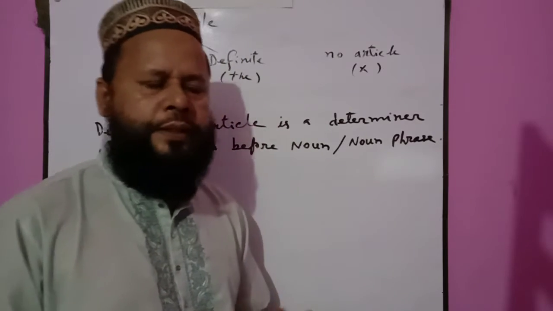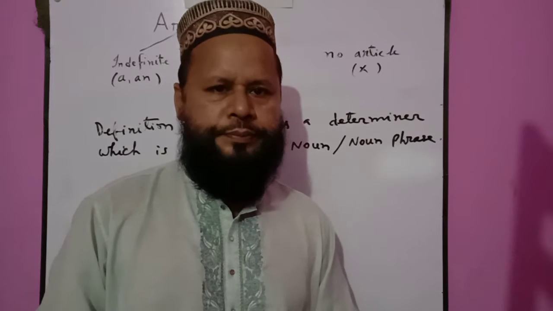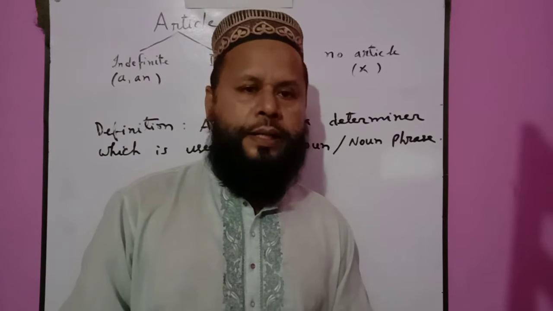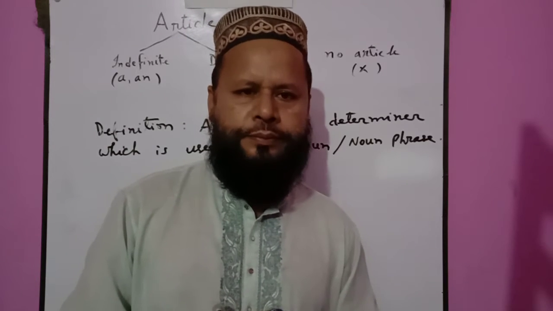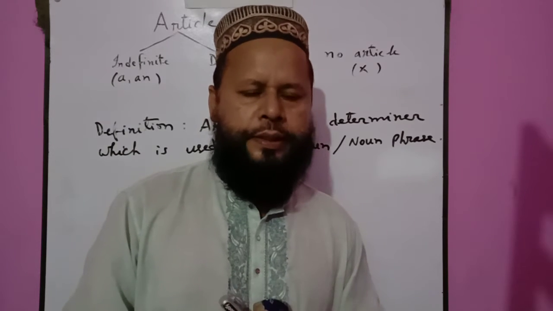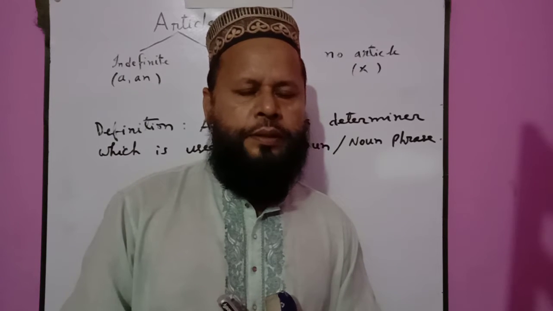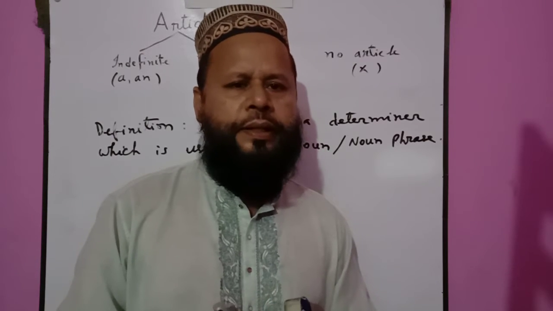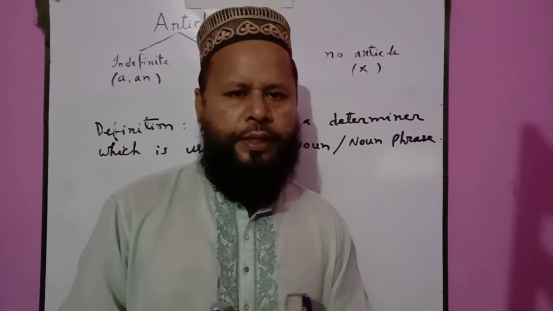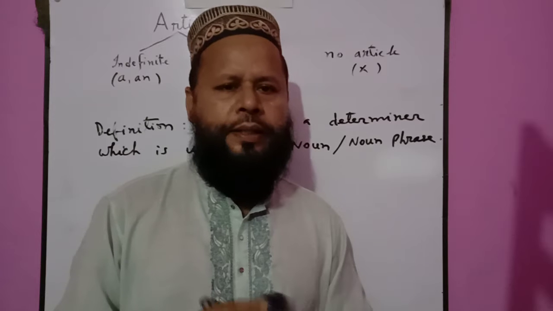And we can divide article into kinds. That means there are two kinds of article: definite article and indefinite article. Definite article is the, and indefinite article is a and an.